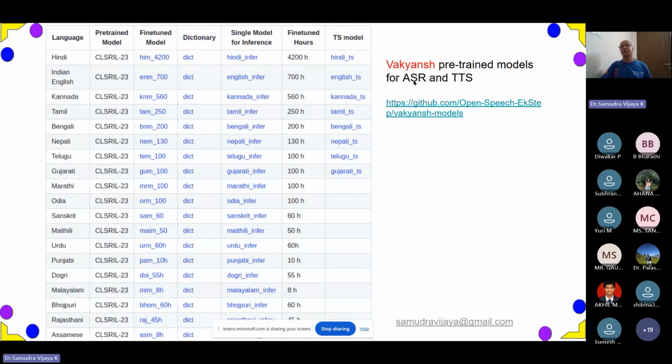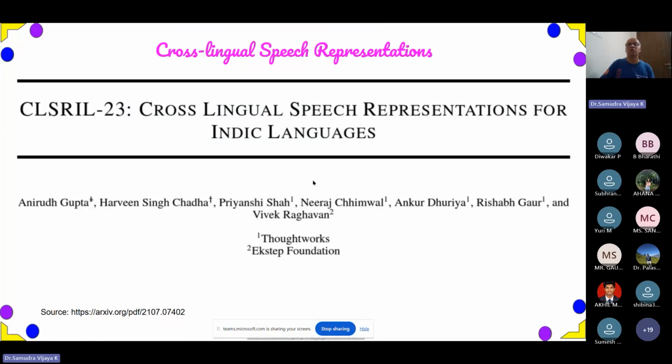There are systems for automatic speech recognition and text-to-speech, available on GitHub, for various languages, and they use a pre-trained model using this cross-lingual speech representation, an embedding model.